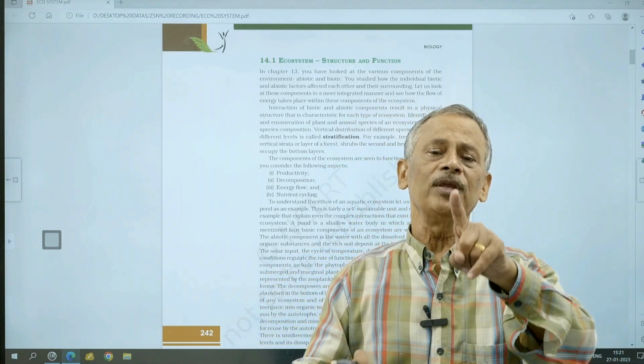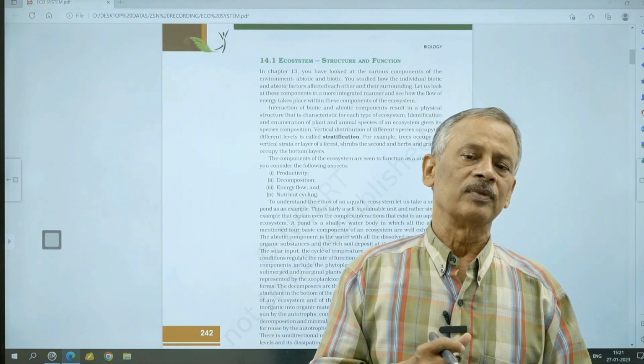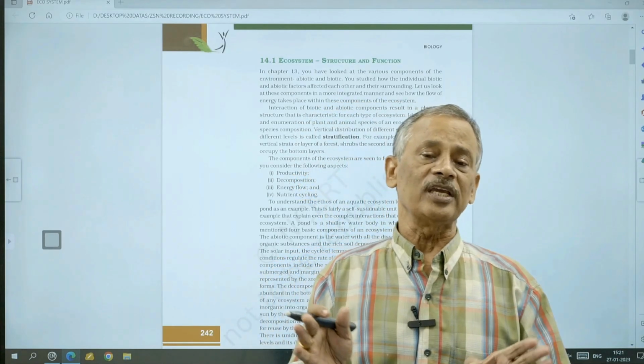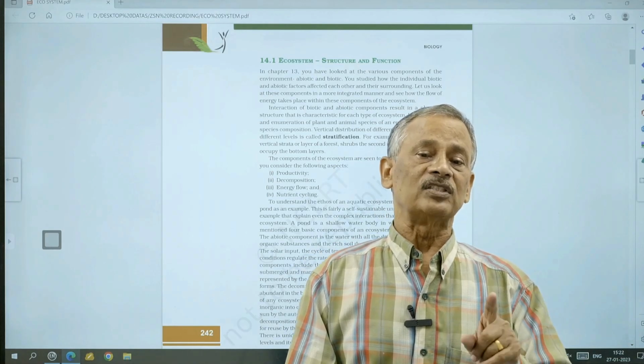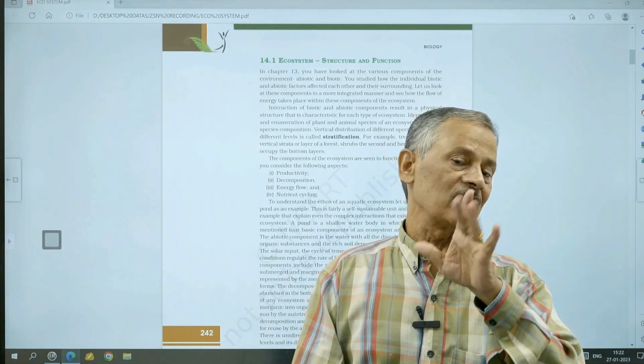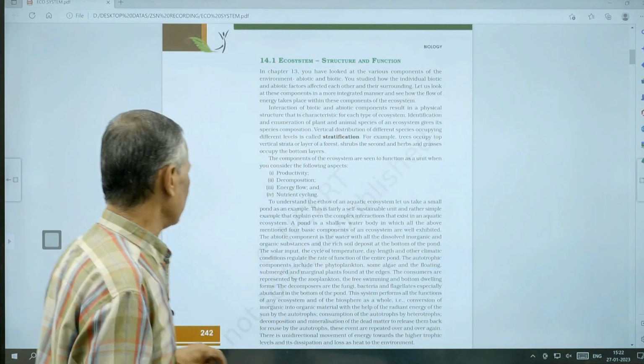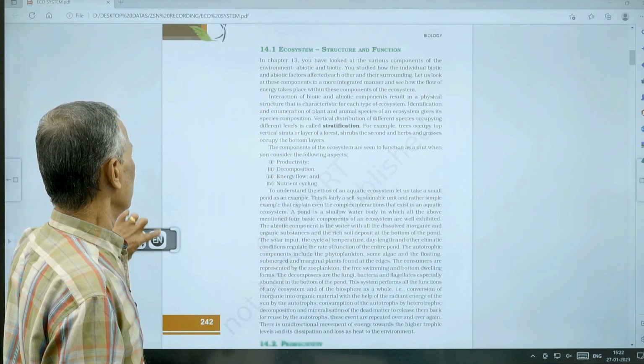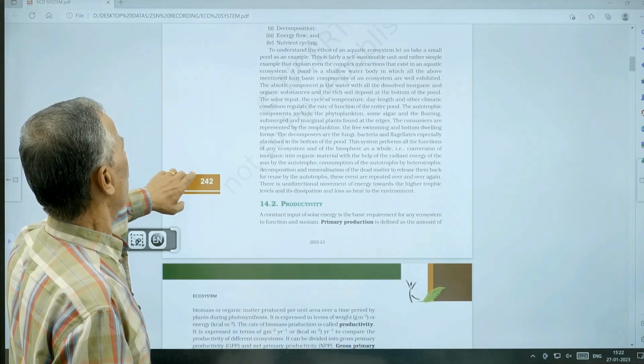All of them will be consumers. And mainly in the bottom, you will be having the fungi, bacteria, etc., which are all acting as the decomposers. So you will be having all these components of an ecosystem even in a small pond.